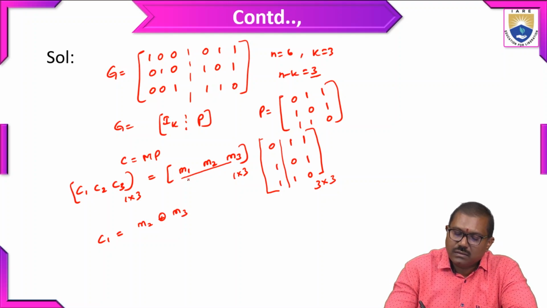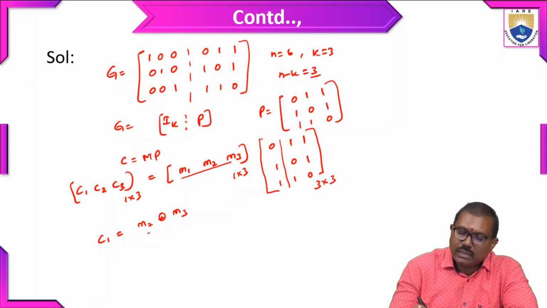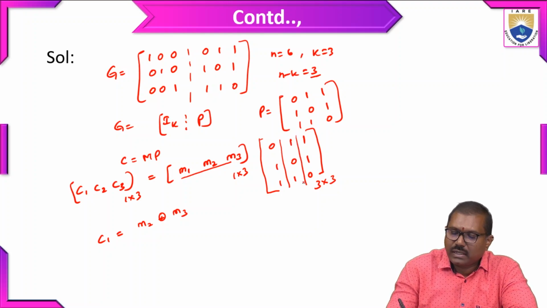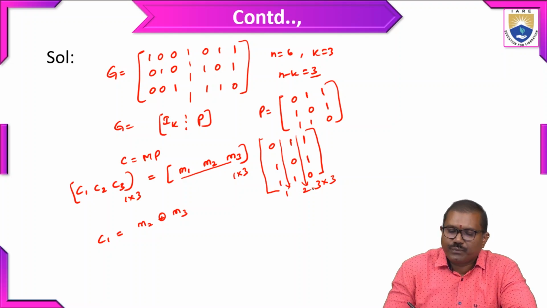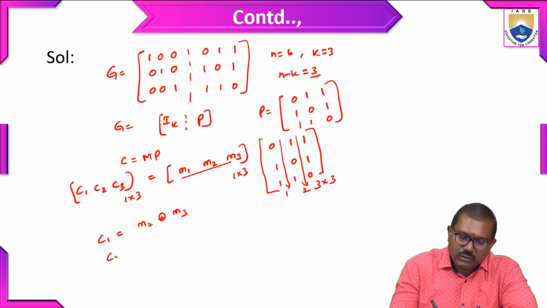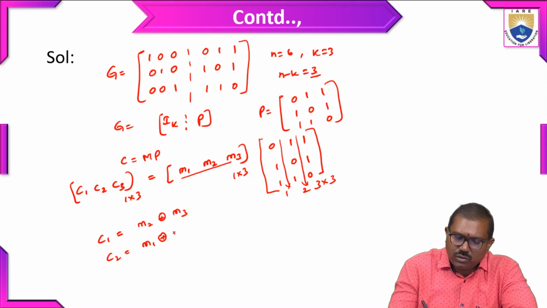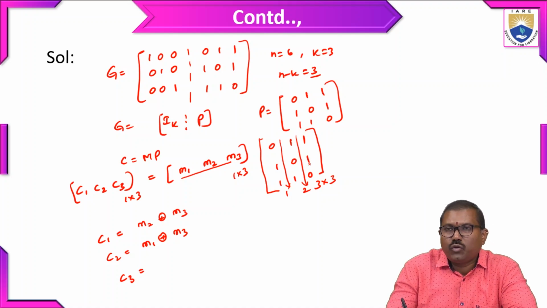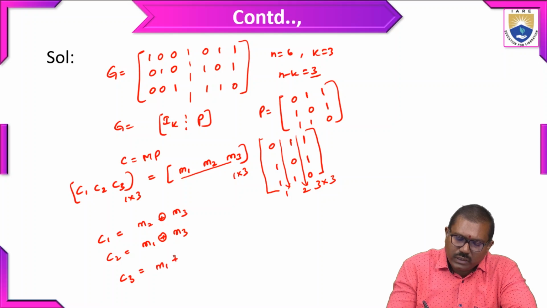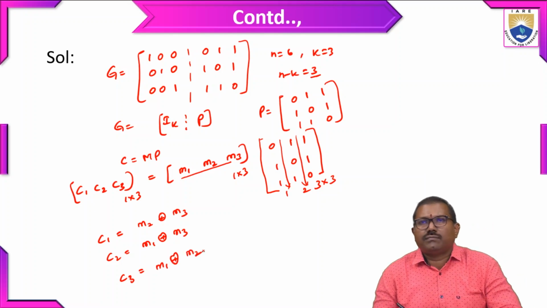Next, M1 is multiplied with the second column. So C2 is equal to M1 XOR M3, since M2 is absent, 0. And C3 is equal to M1 and M2 present where M3 is absent, so M1 XOR M2.